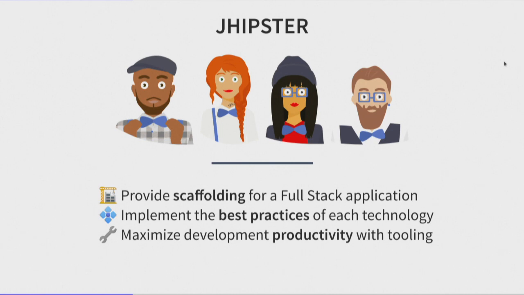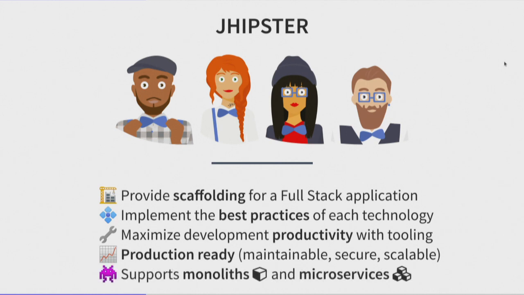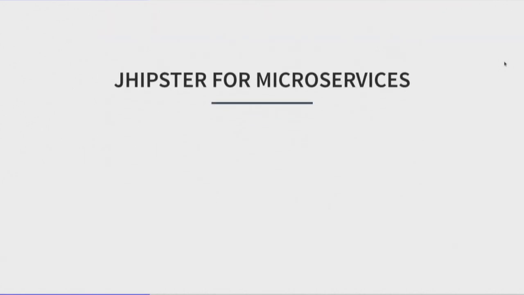It can be hot reloading of the front end. It can be developer tools for the back end. And we also want to provide an app that is production ready. And of course, we support not only monolithic applications, but microservices as well. So what do we mean by microservice support for JHipster?